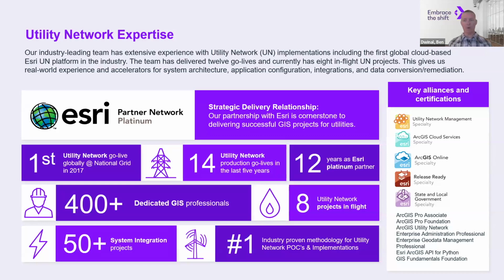We've been Esri Platinum partners for 12 years. We've completed 14 utility network go-lives across electric, gas, and water utilities, and we've got 8 utility network migrations currently in flight. Lastly, we have Esri specialty designations in utility network management, cloud implementation services, software and system release and readiness, ArcGIS Online, and state and local government.